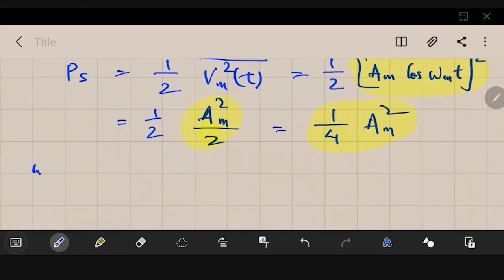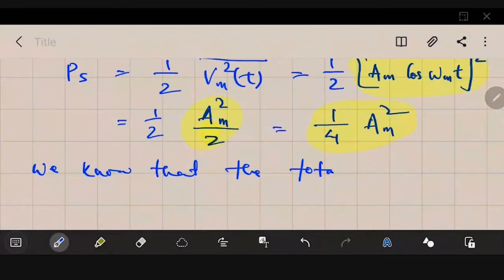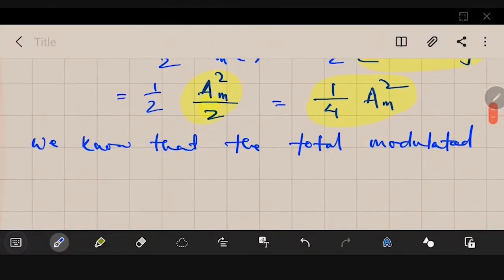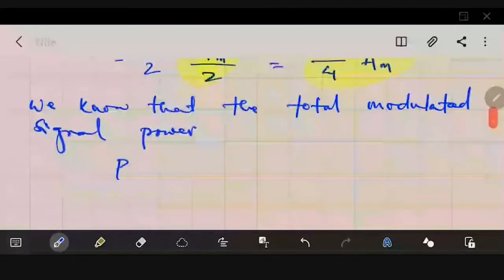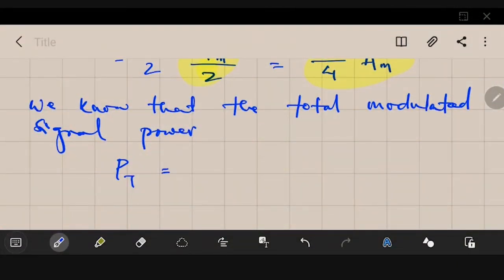Okay, so let me write it here, that we know that the total modulated signal power is Pt. Pt is equal to Pc plus Ps.